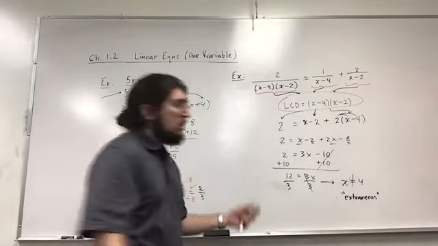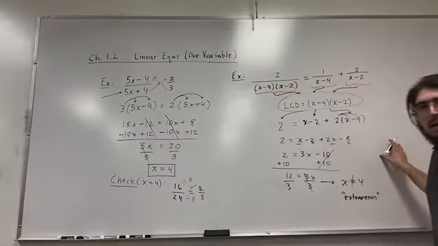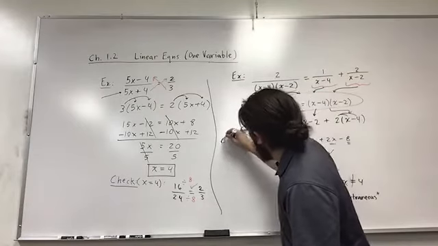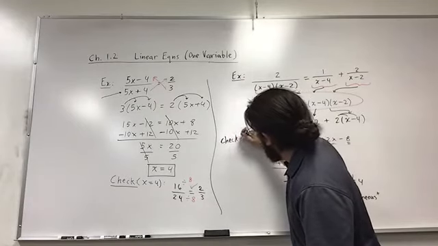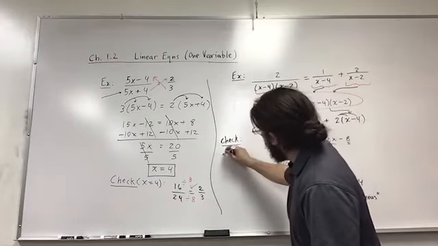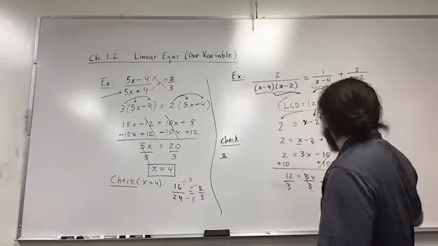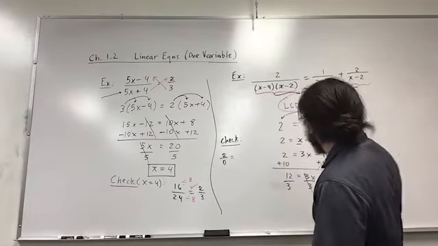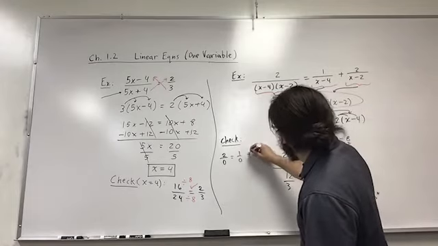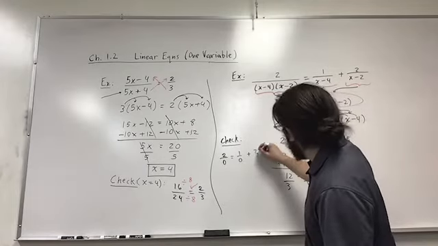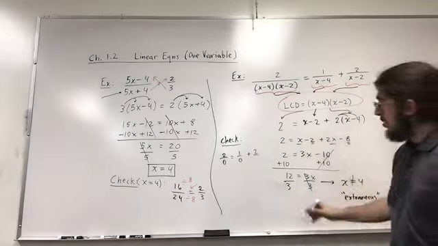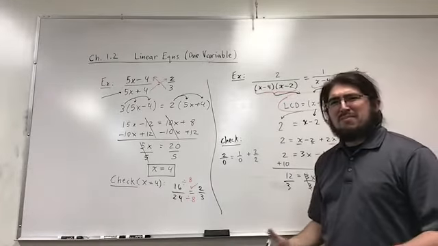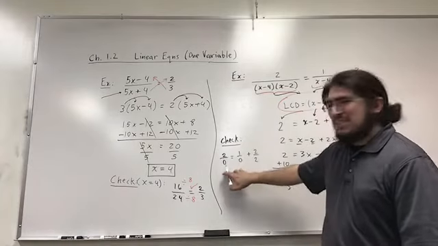In fact, if you were to check this and plug it back in, I ran out of space here, but let me write it in the middle here. So if we were to check this, here's what we get. You would get 2 over 0 times 2, which is still 0, is equal to 1 over 0 plus 2 over 4 minus 2, which is 2. Something like that, which of course makes my stomach feel bad because you have 0 in the denominator.